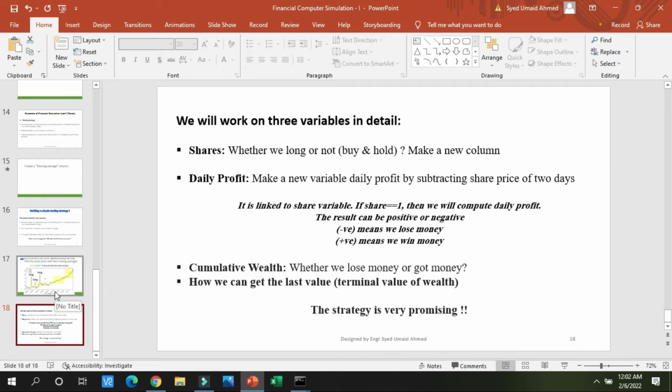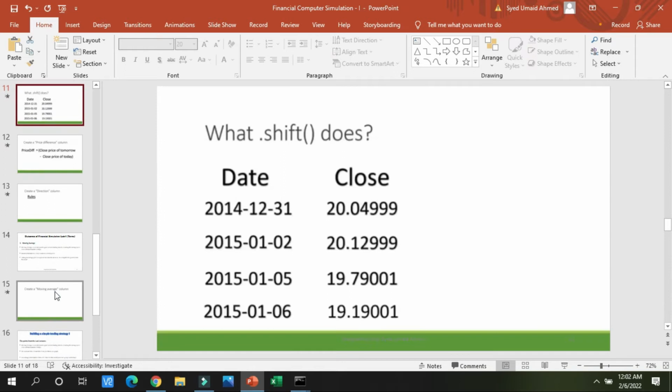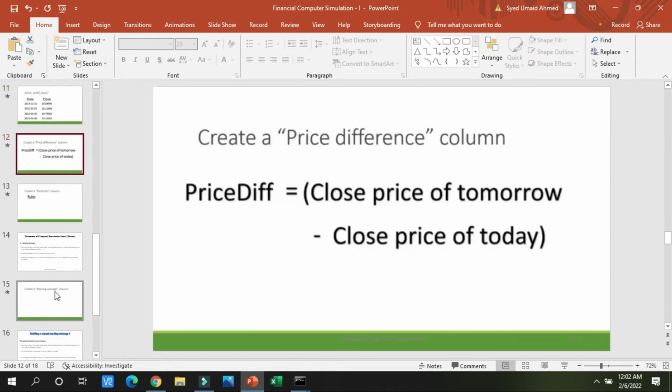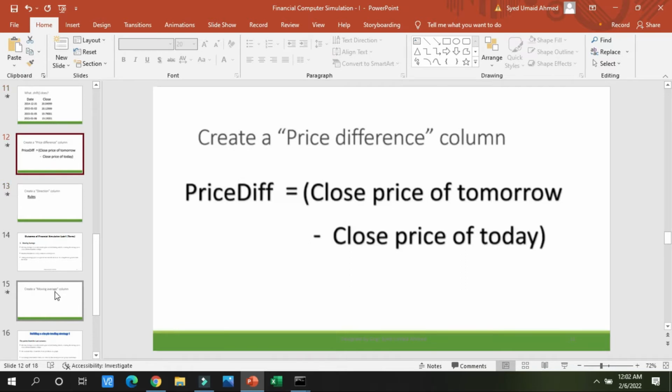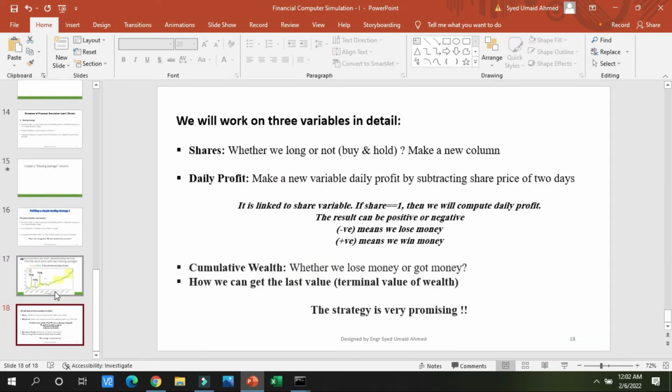If we go back to the last lectures, we calculated the daily profit by using the variable price difference, and the price difference is the close price of tomorrow minus the close price of today, and everyone remembers we used the shift function in that. So we are going to make a column of profit again, and it is linked to the variable we have just created.